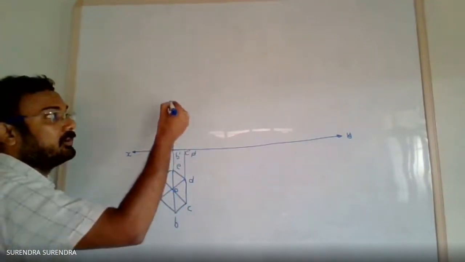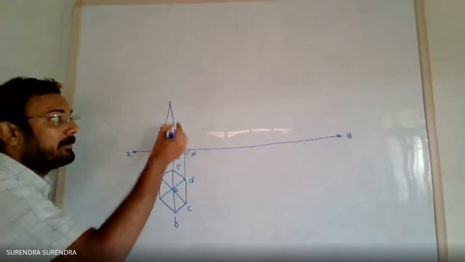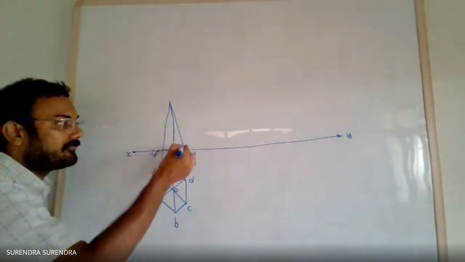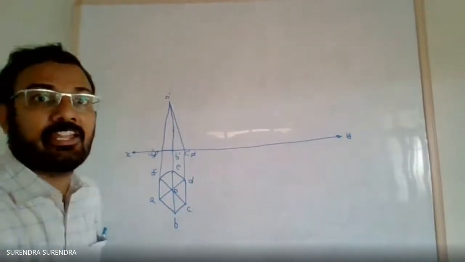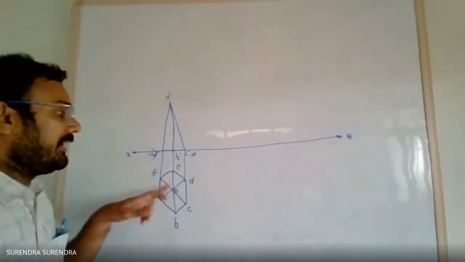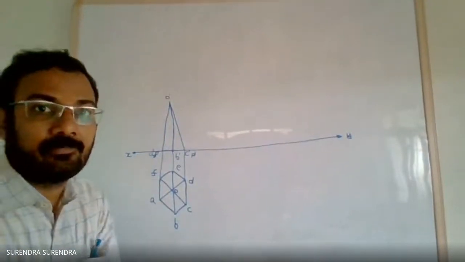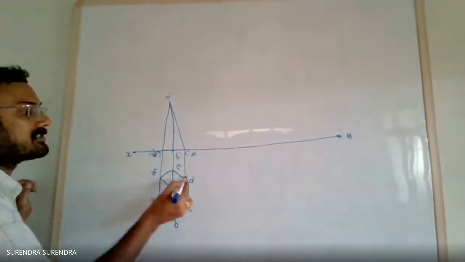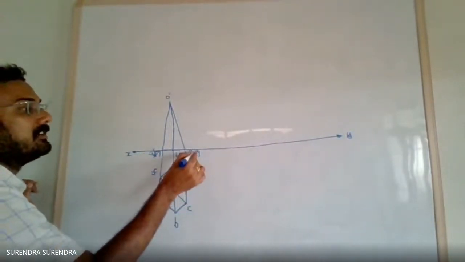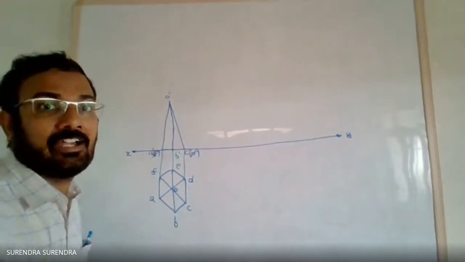So join A dash O, B dash O, C dash O. D dash O and F dash O are overlapped, so you can't view them in front view. So in front view, F dash and D dash are hiding.